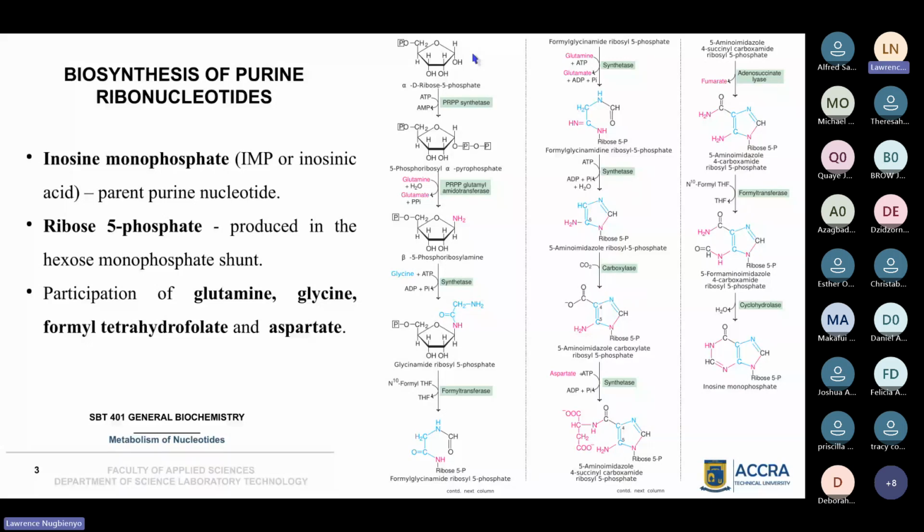In that pathway, we saw the synthesis of ribose 5-phosphate, which then goes down to form ribose phosphate, and then into the synthesis of nucleic acids and coenzymes.